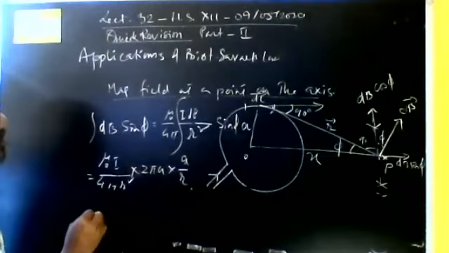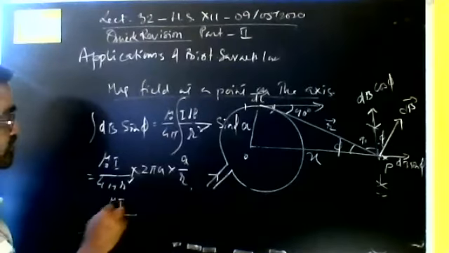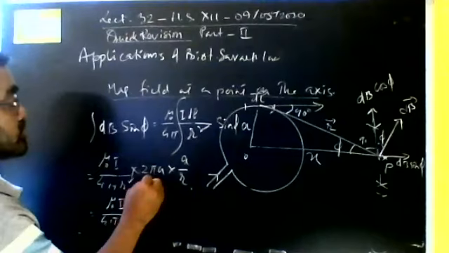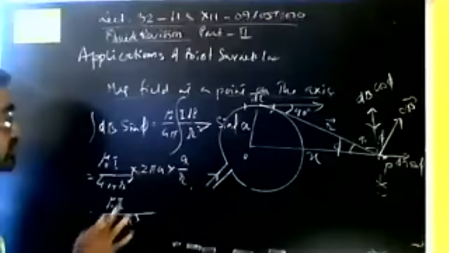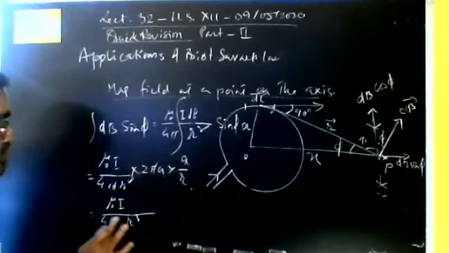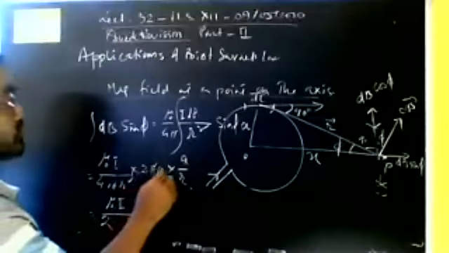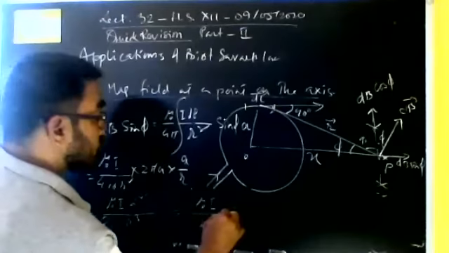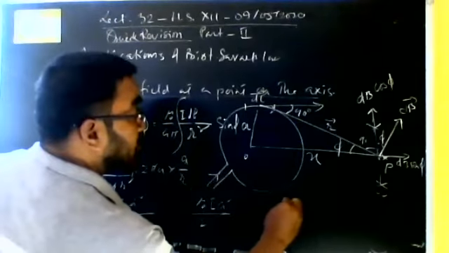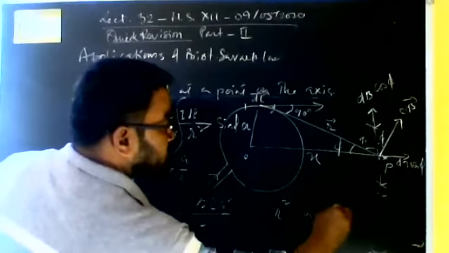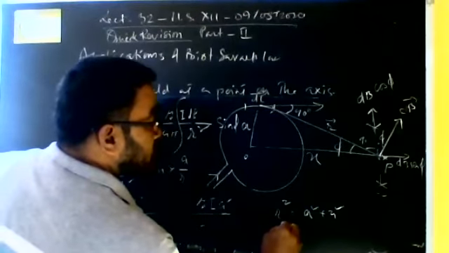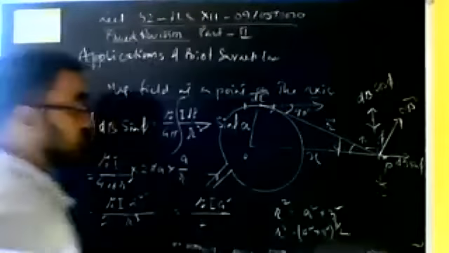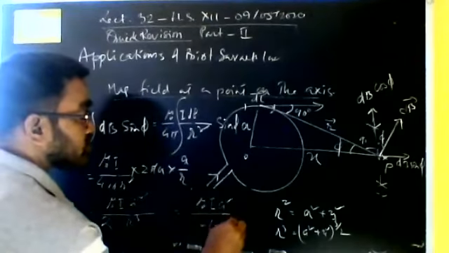So a square mu naught I over 4 pi r cube, twice pi, the pi cancels, leaving 2 in the denominator. And r square is equal to a square plus x square, so r cube is a square plus x square to the power 3 by 2.